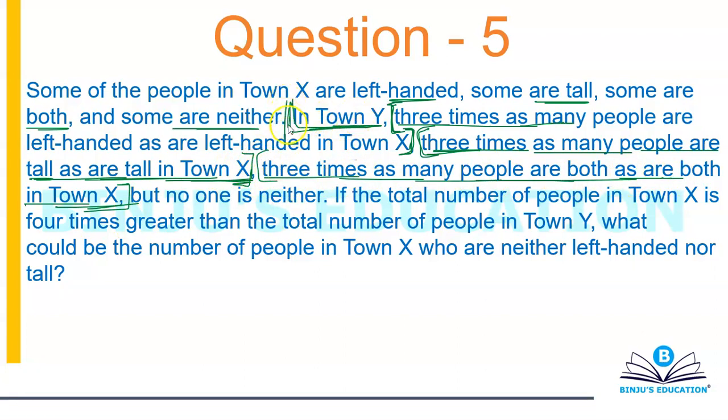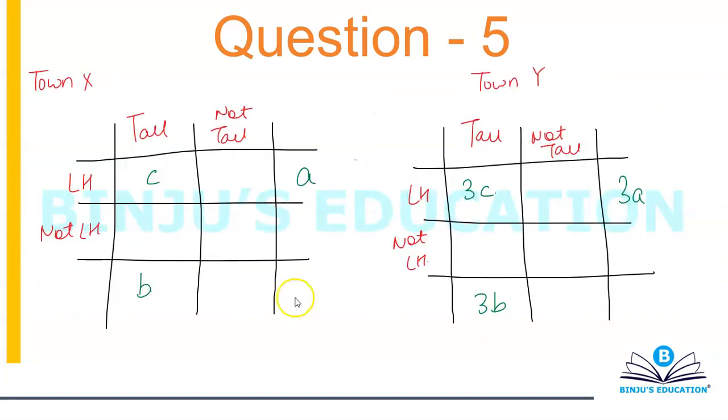In town Y, no one is neither. That is, this here is 0. No one is neither basically means that no one is tall and no one is left-handed, because the two things that we are talking about in the equation are left-handed and tall. So this becomes 0.